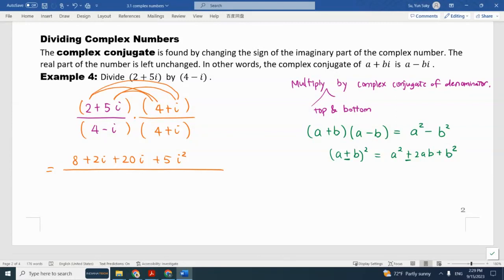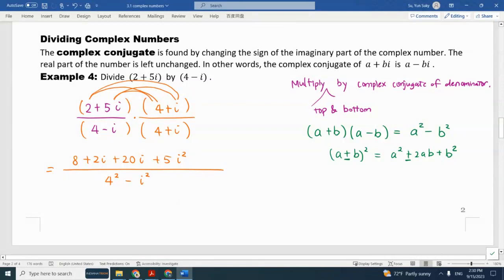Look at your denominator. We're using this formula. What does that equal to? 16. Yes, good. So 4 squared minus i squared. Because in a plus b times a minus b, my a is 4 and my b is i.